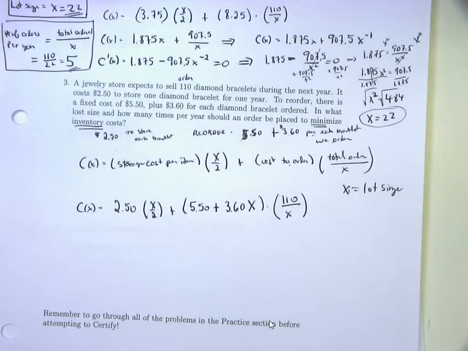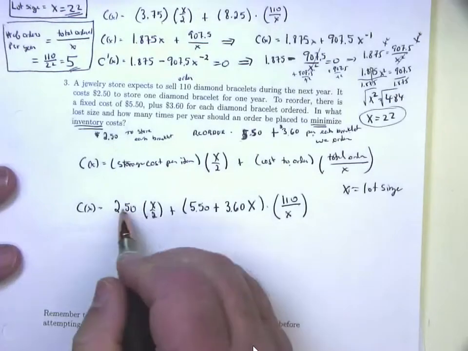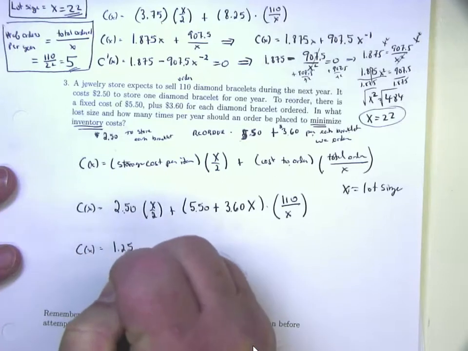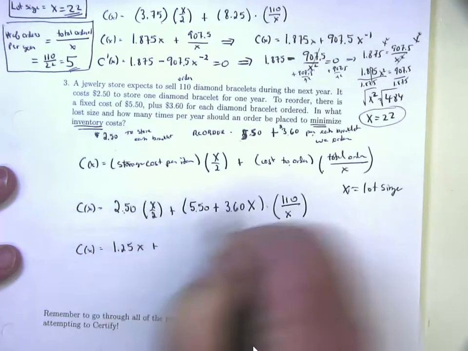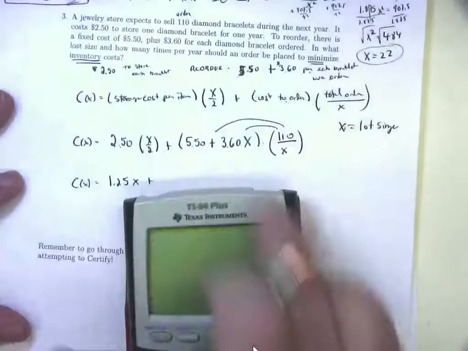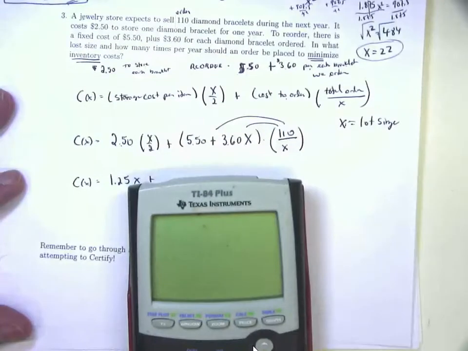Now, before I do any weird take derivative, set equals 0, and solve, clean them up. 2 divides into $2.50. What do I get? $1.25. 1.25 times X. Plus, here, I'm going to distribute. So, 5.50 times 110 is 605.